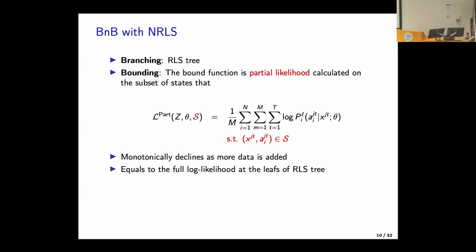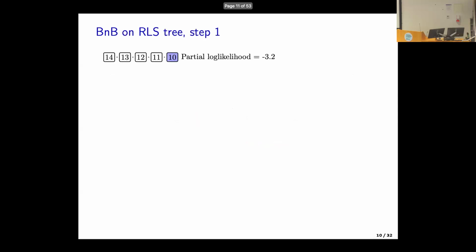But it's not all of it, right? So this is nice, but it's not enough. But let me start with this. How does it work? Remember, I'm solving the game. We solved the absorbing state and then the states that depend on that, and the states that depend on those. And there's a single equilibrium everywhere here. And I can calculate the partial likelihood only on the data that lives on these points in the state space.